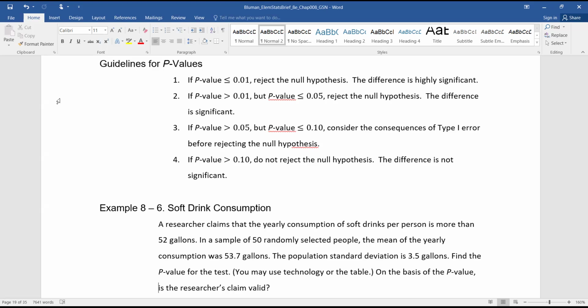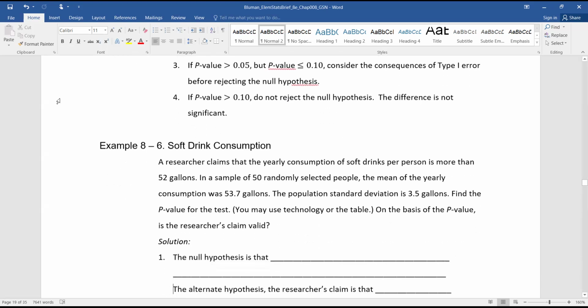And anytime the p-value is greater than 0.1, we're not going to reject the null hypothesis at all. It's too big a chance that we could be wrong. Remember, the p-value is telling us the probability that we're going to be wrong. So if it's greater than 10%, we're not going to take that chance, and we'll say the difference is not significant.